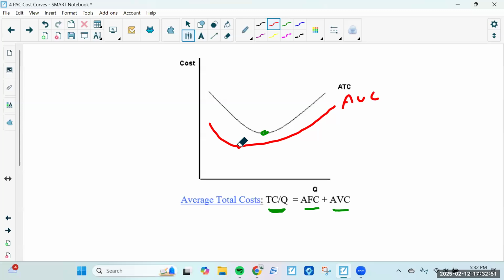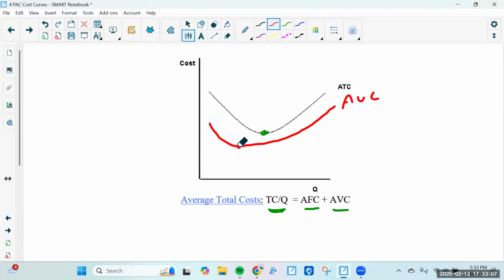And when I say ATC, if you can't picture the average total cost curve in your head, and if you can't figure out how to calculate it, if I say, hey, calculate ATC, and you're going, oh, the what? I don't know what that is. Then you're going to struggle.